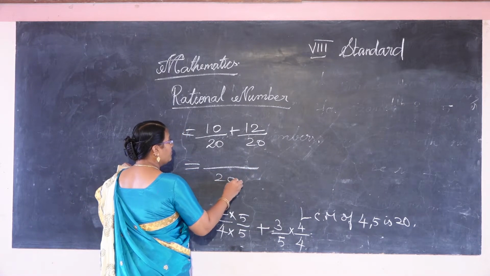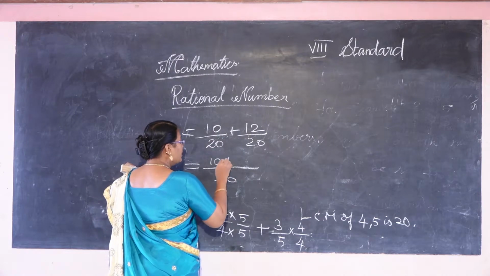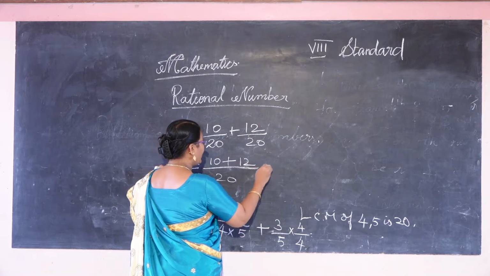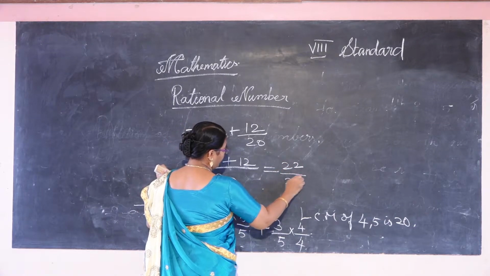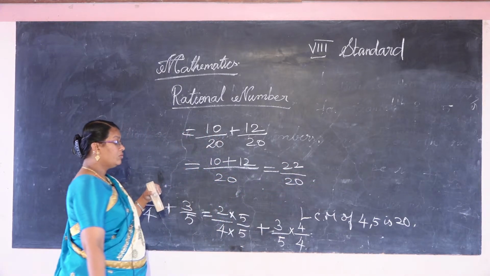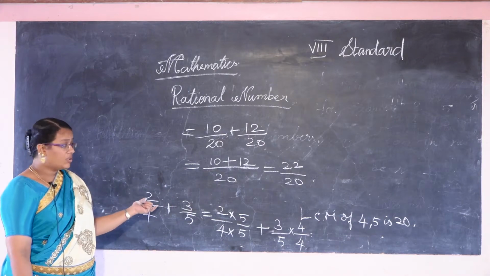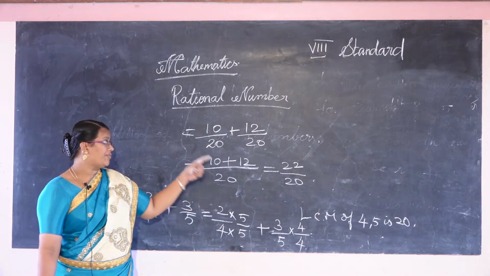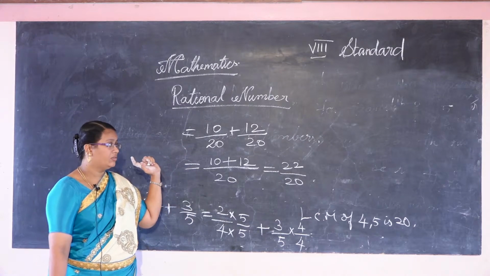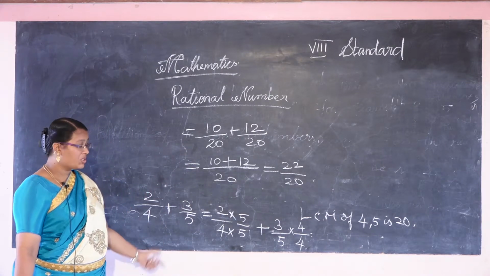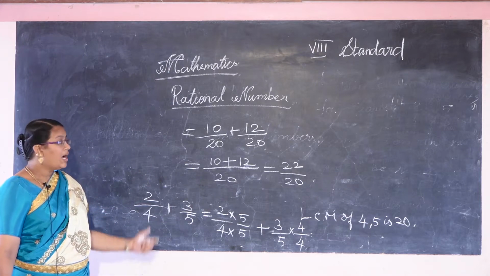So, the denominator is 20 and the numerator is 10 plus 12, which is 22 by 20. So, when two unlike fractions are given, you should find the LCM and then calculate as usual by the procedure for like fractions. I hope you all understand the concept of addition of like and unlike fractions.